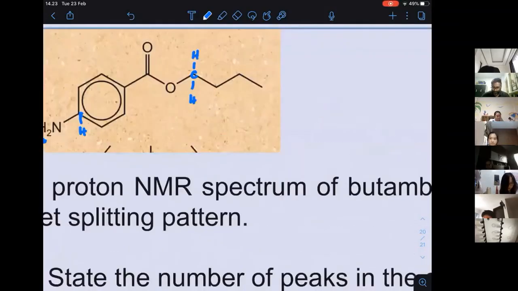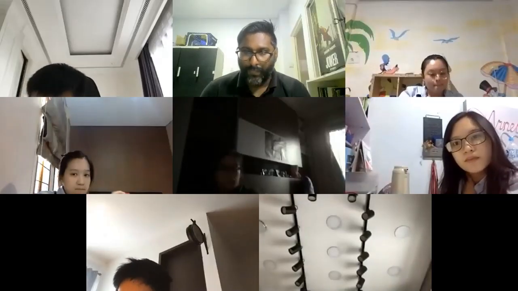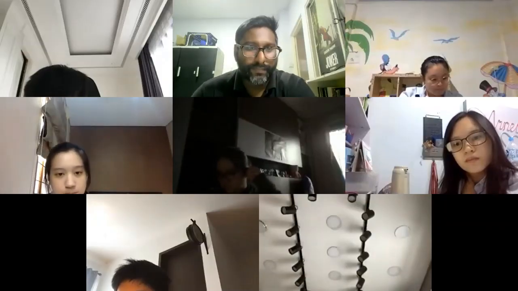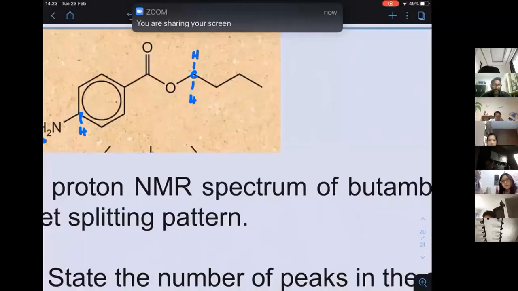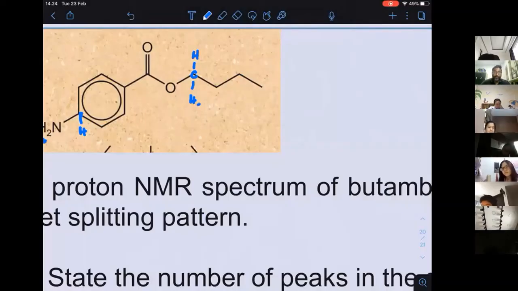Hold on. Okay, you can see the screen now. If I have this environment over here, there is no carbon beside it, but I do have one carbon here, and it has 2 hydrogens.